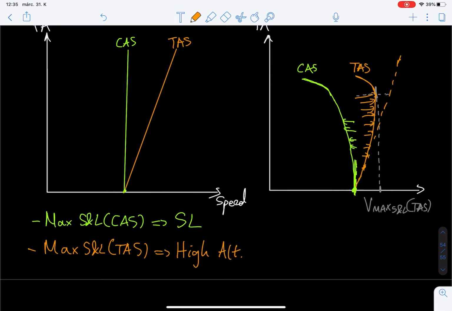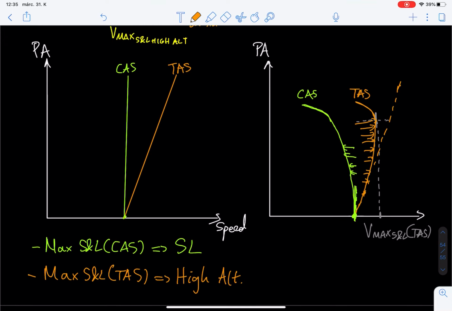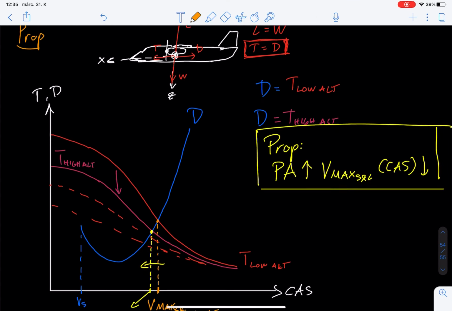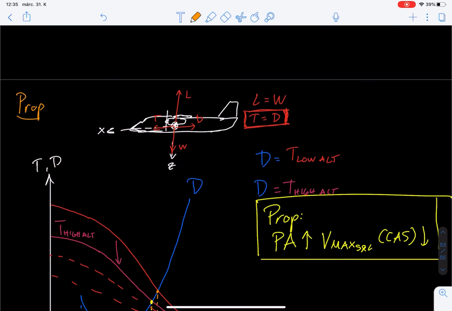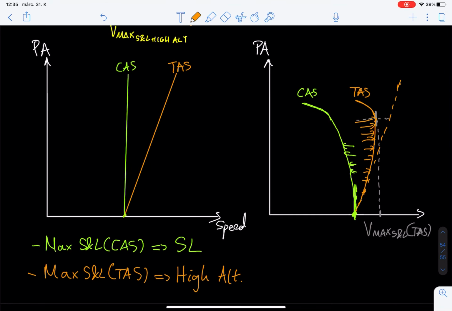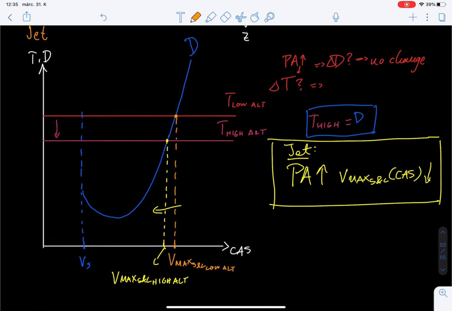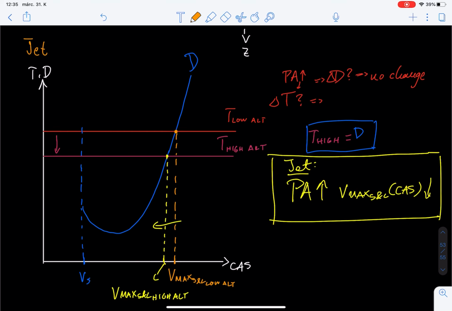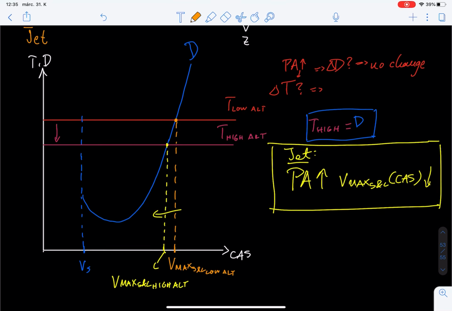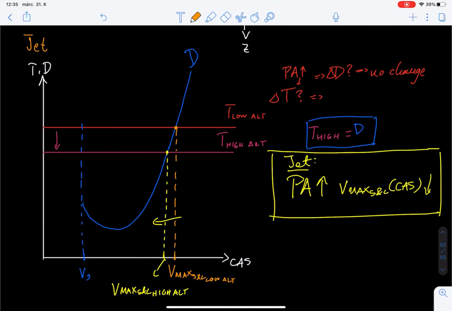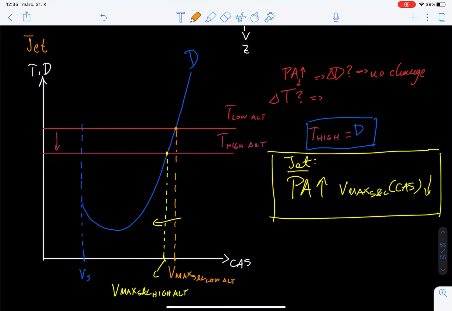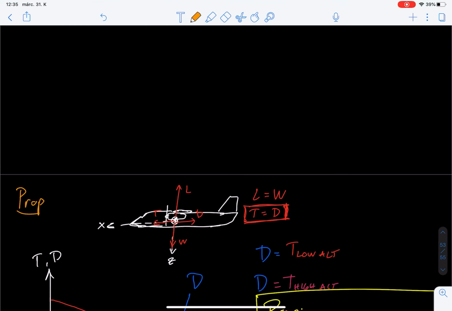Okay. So basically, that is it for this video. This was quite a short one. And so what we learned from this one is that the maximum straight and level speed for both the jet and the propeller-driven aircraft occurs where the thrust curve intersects the drag curve, so therefore where the thrust equals the drag.